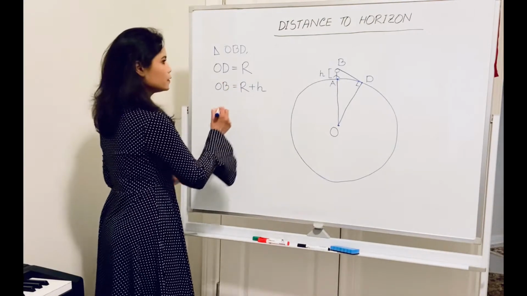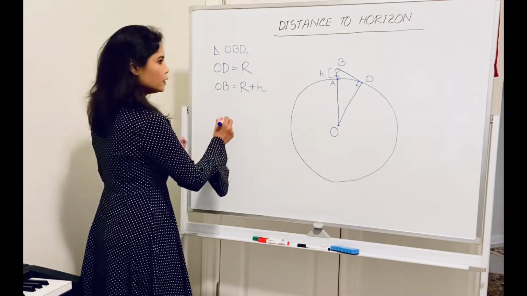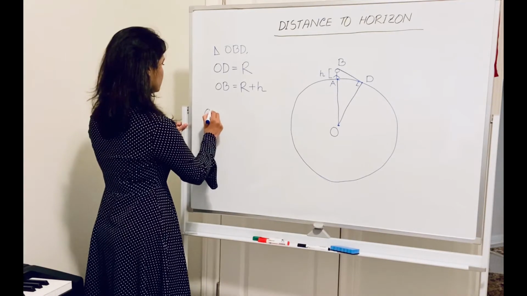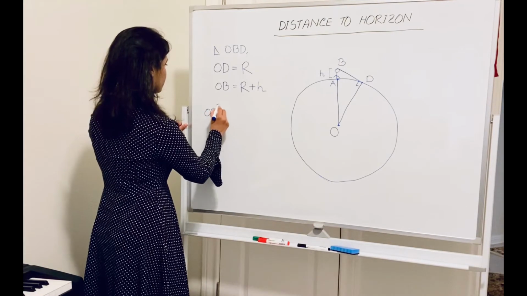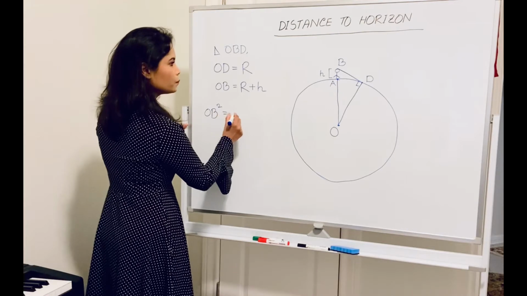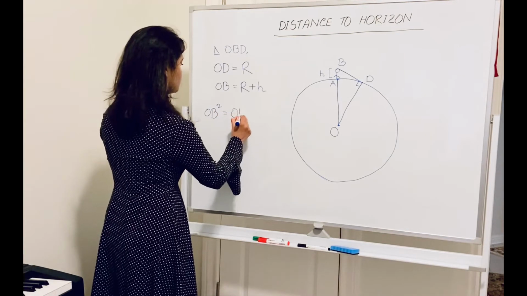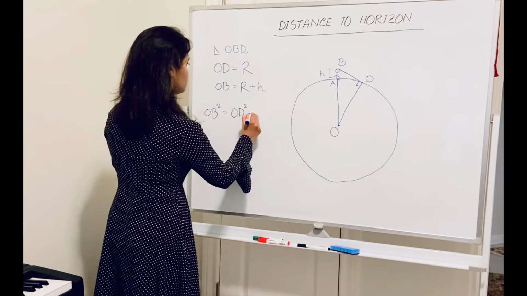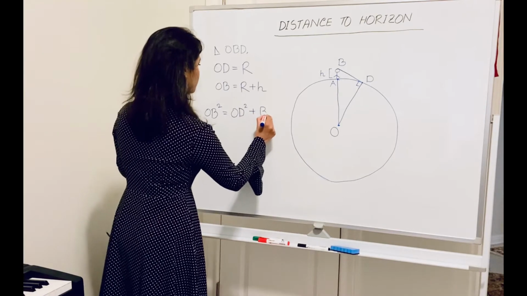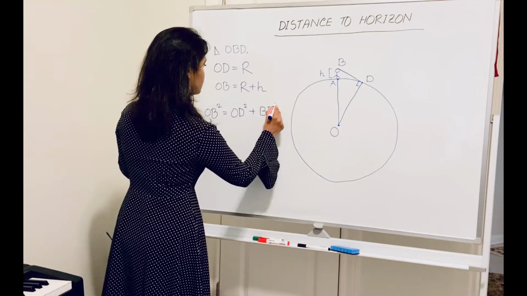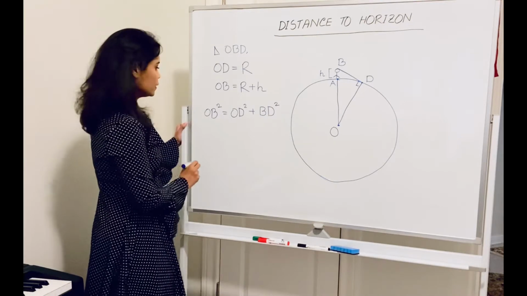So for this triangle OBD, I can say OB squared equals OD squared plus BD squared, which is still unknown. And let's try plugging in the numbers.